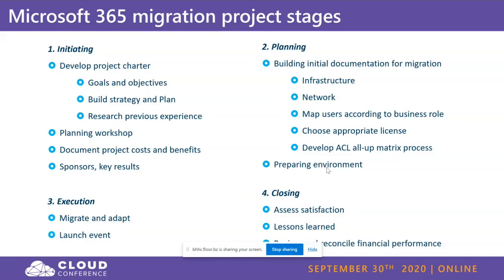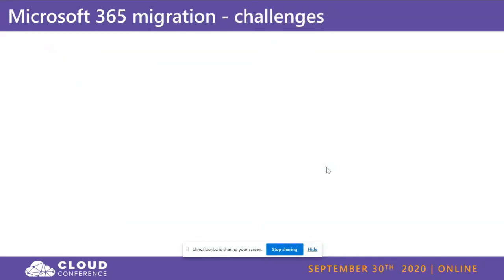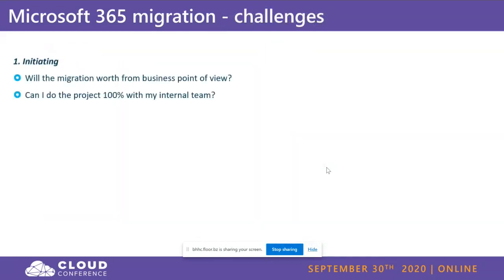And we'll go on now. I have 2 slides with some challenges during the migration. One of the questions is, is it worth it to migrate to Microsoft 365? Why should I migrate? This is one of the topics that should be covered.